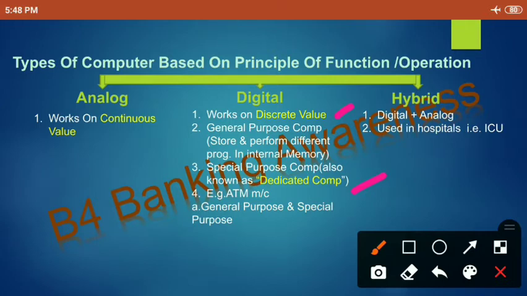ATM is an example of digital computers, and other examples are general purpose and special purpose computers. In hybrid computers, there is a combination of digital computers and analog computers, and they are used in hospitals and ICUs.